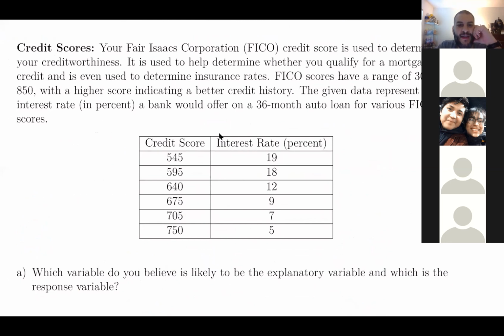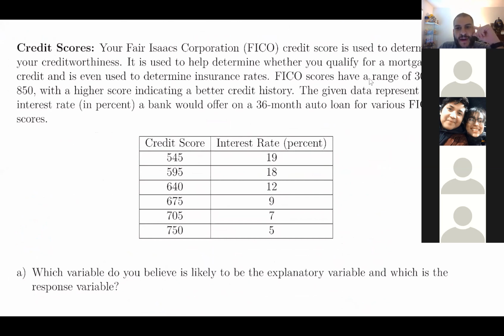All right, so hopefully you know about credit score. Well, if you don't know about credit score, you're going to learn about credit score right now. It says your Fair Isaac Corporation FICO credit score is used to determine your credit worthiness. It is used to help determine whether you qualify for a mortgage or credit, and is even used to determine insurance rate.